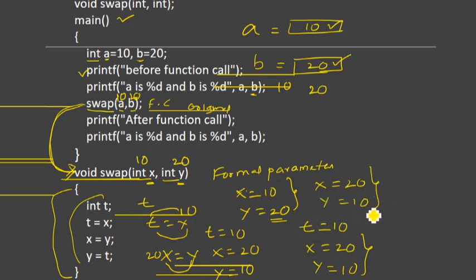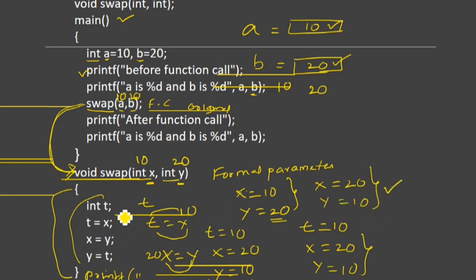Now the x and y values are interchanged, and the swap is done. Here I write a printf statement printing x and y, and the answer displayed is 20 and 10.